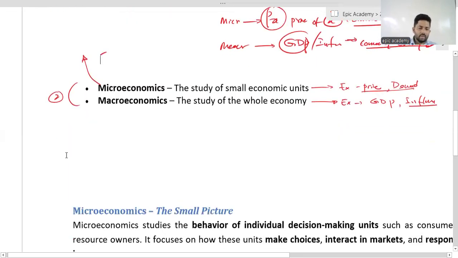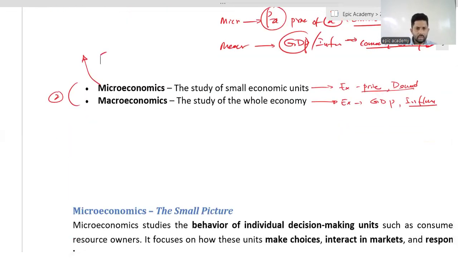Okay. Then let's discuss the differences, examples, the definitions, and everything belonging to microeconomics and macroeconomics. Okay, microeconomics and macroeconomics.